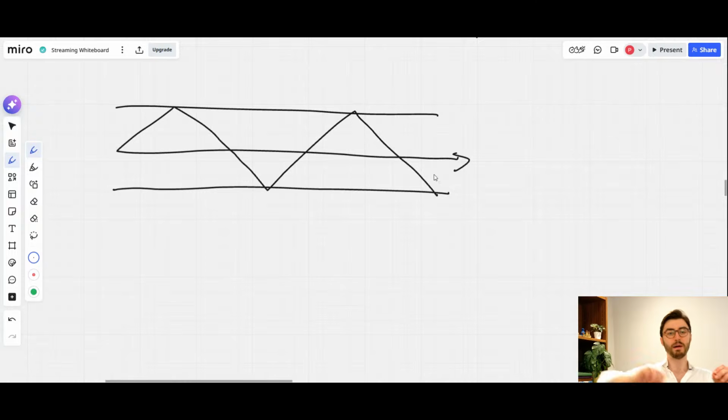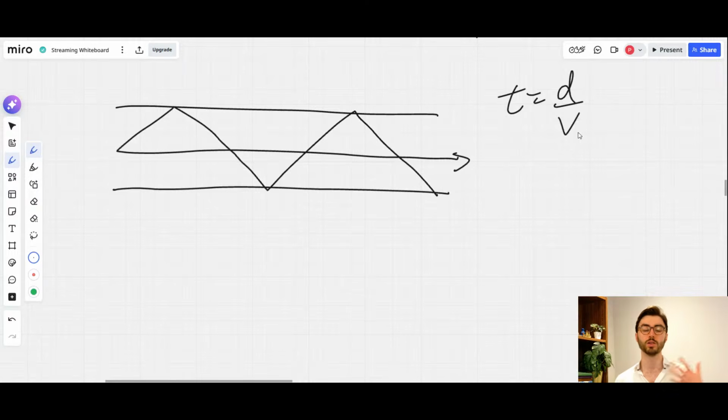So this one that's bouncing around has to travel more distance to get to the end of the optical fiber. And because time is equal to distance over speed, it means it also takes more time. So some of the light takes more time. So a pulse that went in with this thickness comes out with this thickness. So you get this spreading out.